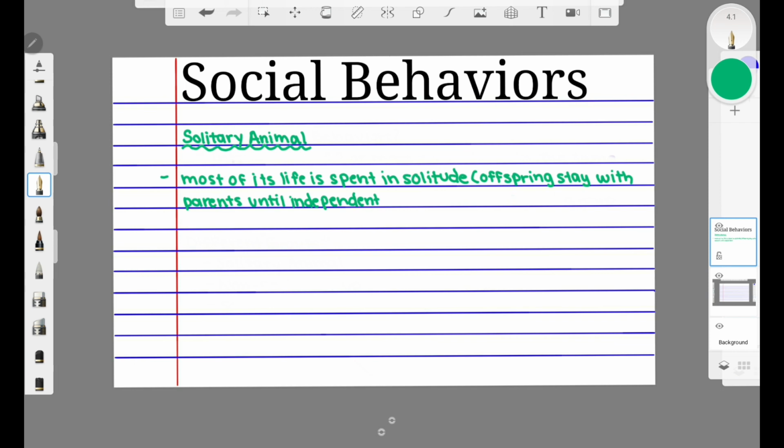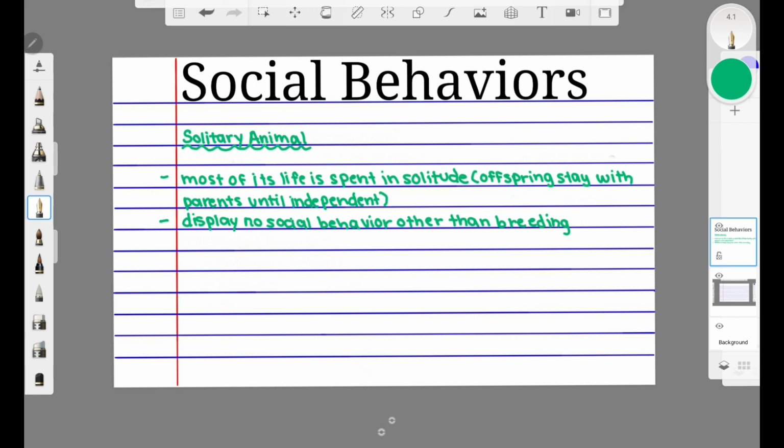So as the name suggests, a solitary animal spends most of its life in solitude. So it's alone. And I say most of its life because offspring obviously still stay with their parents until they're independent. But right after they become independent, they're driven away and the rest of their life will be spent by themselves.